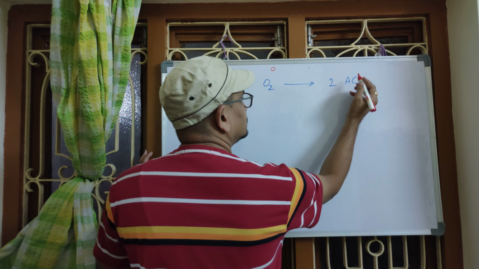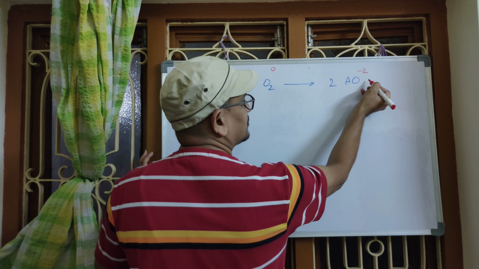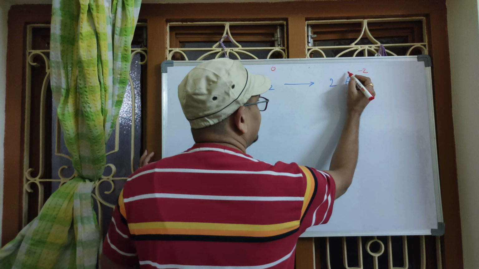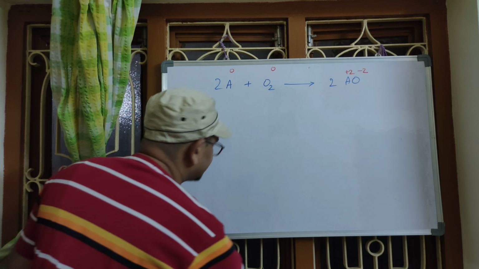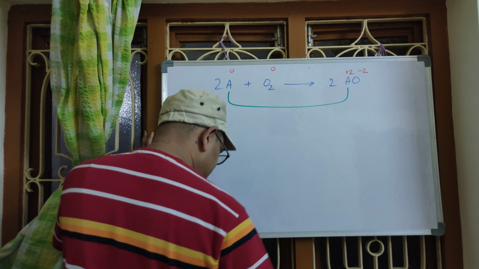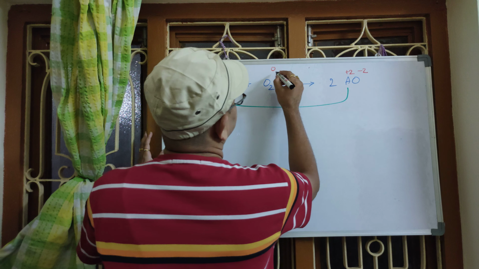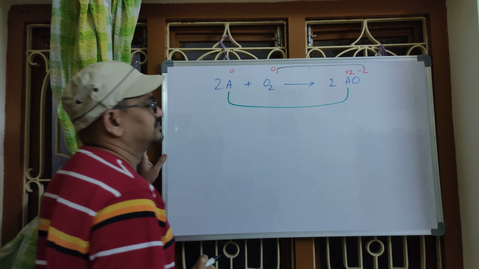Now in AO, O is more electronegative, -2. A has to lose electrons to the electronegative atom, +2. Now predict this. A had changed from 0 to +2. And O had changed from which state to which state? 0 to -2.